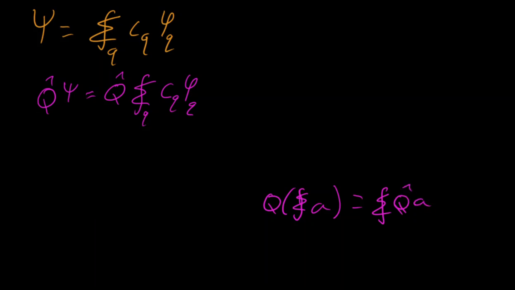This is true for sums, as we just showed, and integrals are just continuous sums. So if q hat is linear, this property should be satisfied, that it can go in and out of the sums. That's what it means to be linear: it acts on each part individually. Hopefully this makes sense, and rewatch it if it doesn't. This is a very important point.